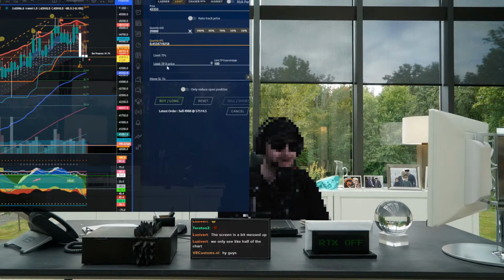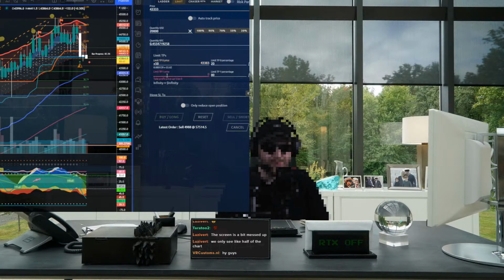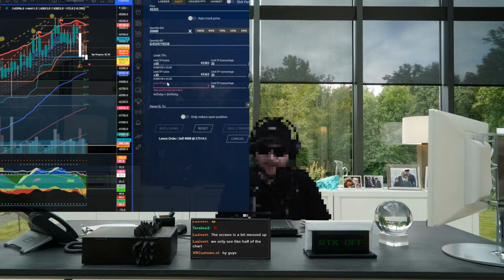By the way, take profit will automatically set a take profit point, and you can have multiple take profits. The first 20% will automatically take it at plus 50, and the second one we're going to throw in at plus 30, a bit more aggressive, and then this one we're going to make 100.